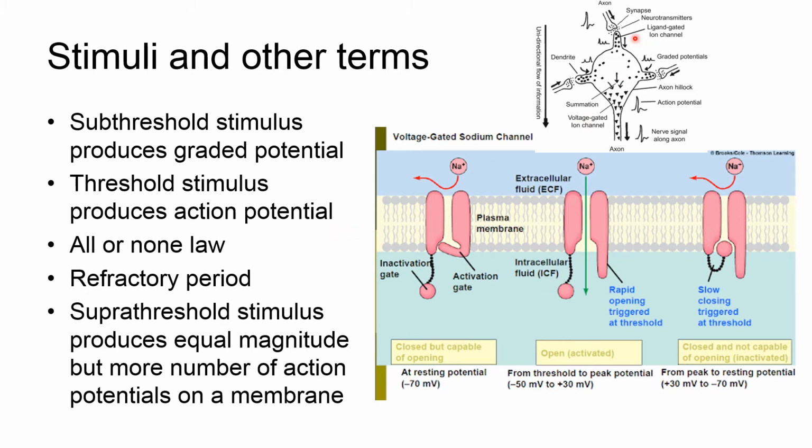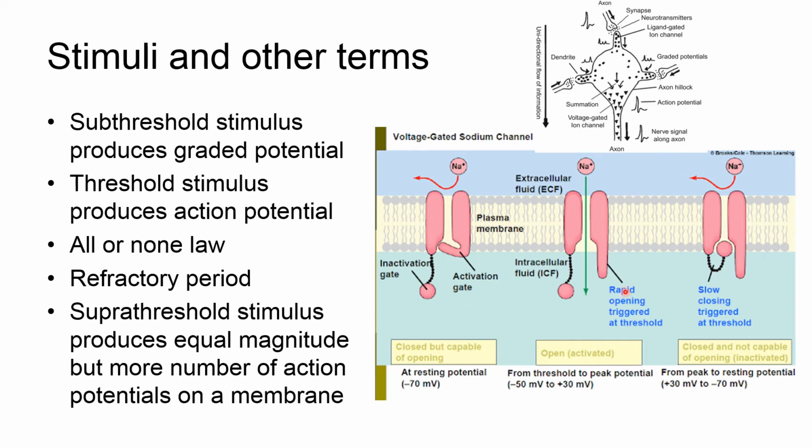Threshold stimuli are stimuli that are enough to open a sufficient number of sodium channels in the dendrite so that a lot of sodium ions enter into the dendrite, get summed up, and are sufficient to open the activation gate of the sodium voltage channel in the axon to produce an action potential.